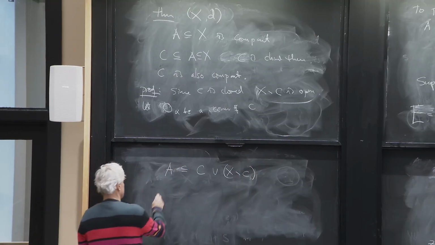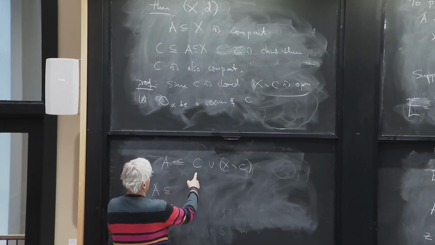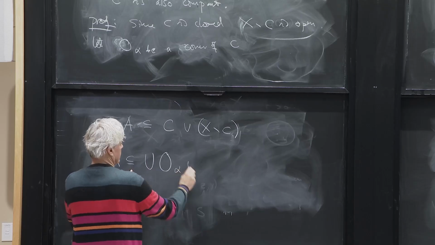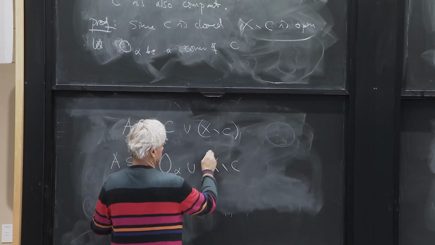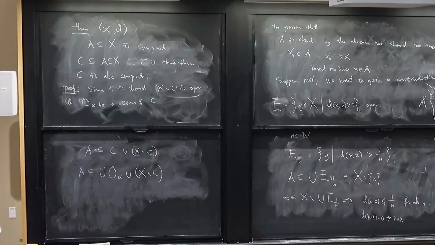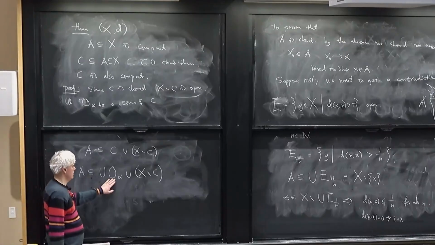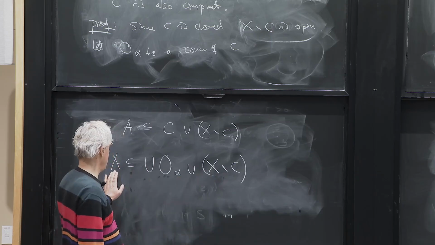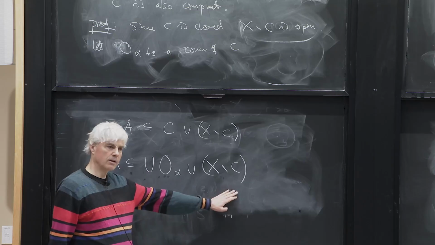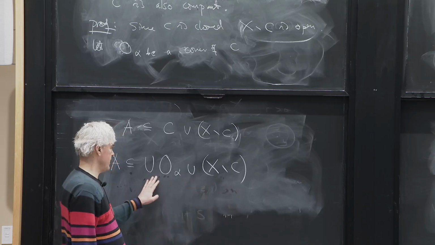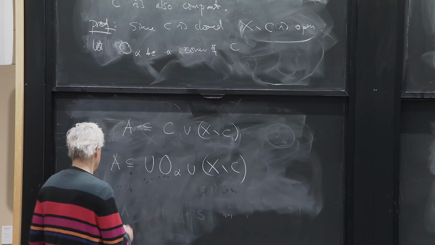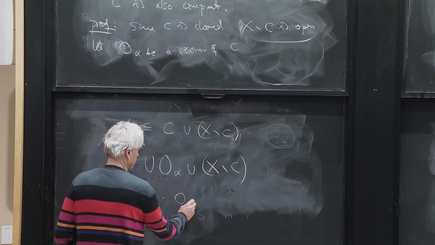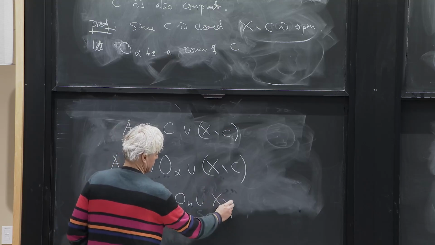And so this means that A, the O alpha cover C, is contained in the union of O alpha union with this last set. These guys are assumed to be open. This here is open because C is closed. So this is an open cover of A. So this means that finitely many of these cover A, so A is contained in O1 union up to ON, and then quite possibly you would also need this one here.